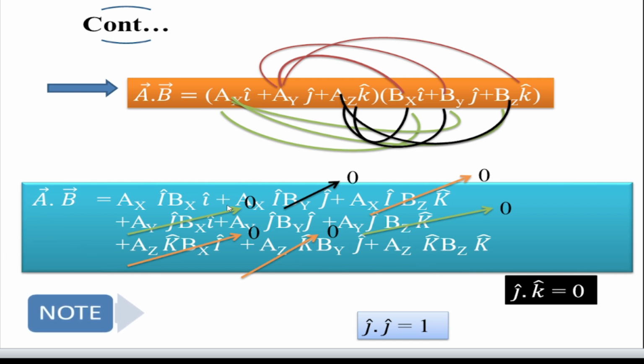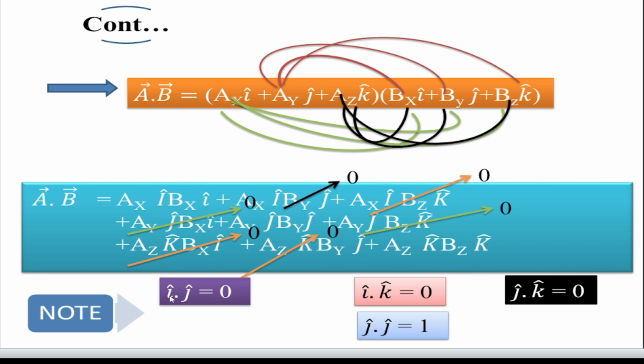On behalf of this, we have to recall something that I already said to you. Look here: I dot j is 0, because they are mutually perpendicular. I dot j can be written as follows: magnitude of I times magnitude of j times cosine of theta.